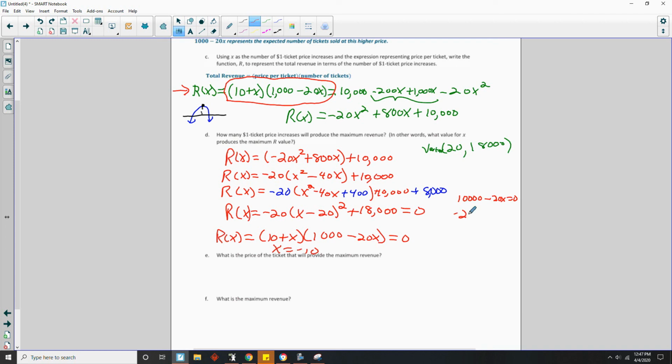Subtract 10,000 over to the other side, I'd get negative 20x equals negative 10,000. Divide both sides by negative 20, and I get x equals positive 500 or 50.